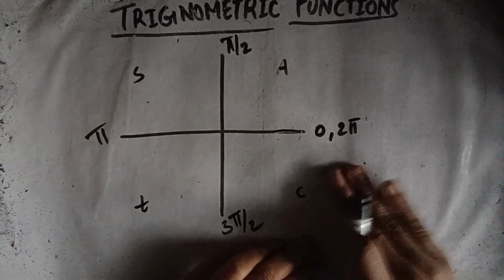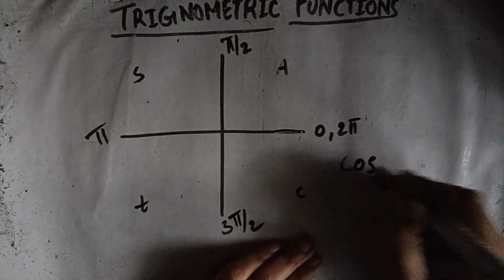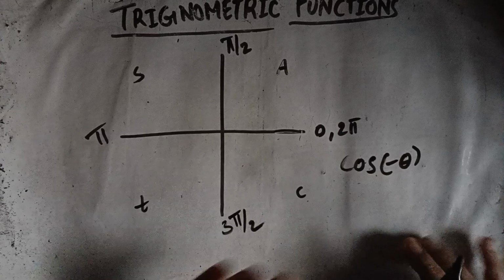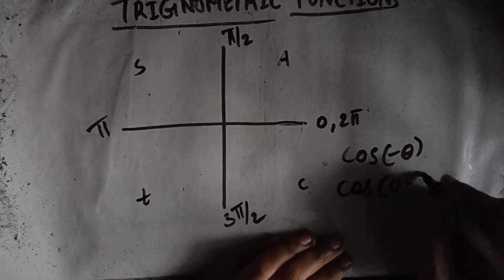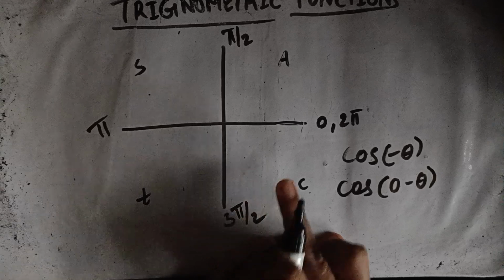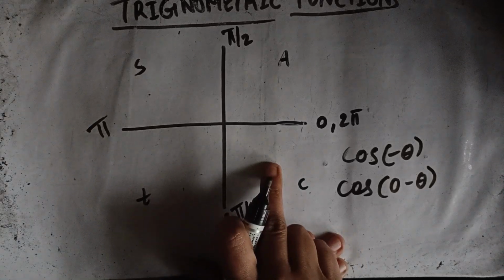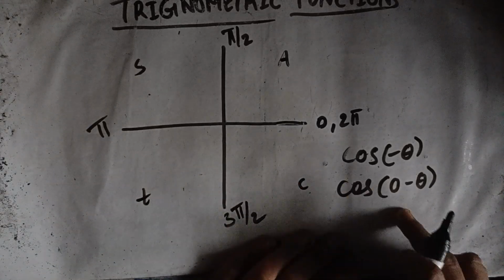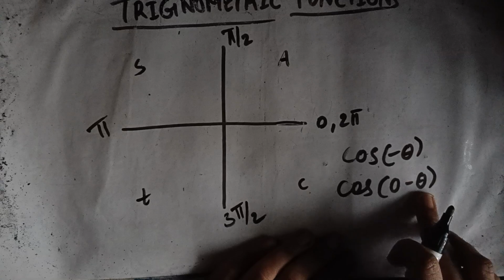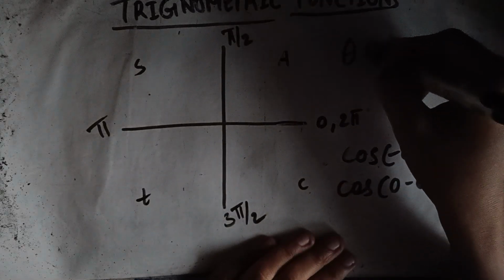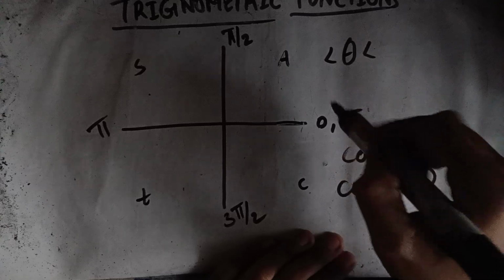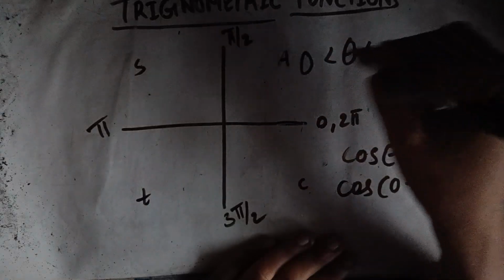Same way, if you take cos of minus theta. Again, this is cos of 0 minus theta. So it falls in which quadrant? This quadrant, fourth quadrant, right? And theta here has to be specified, that is theta ranging from 0 to pi by 2.